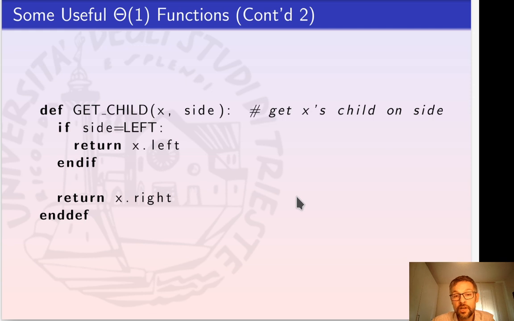Okay, we will see why this function is useful. It is a way to generalize this notation. This notation is specific, so once I write it, I already know whether I'm interested in the left child or the right child, while by using this function, I can get a child without knowing the side.